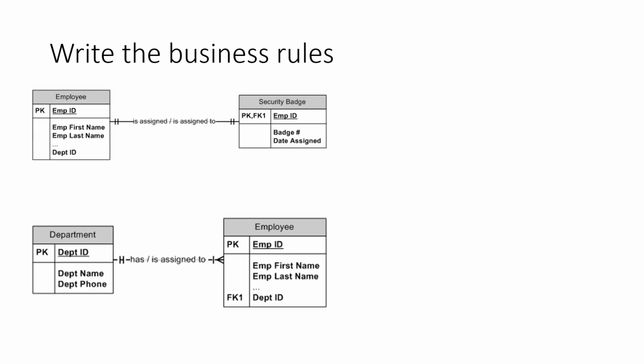Okay, next, write the business rule from the given ER. This is the vice versa of the previous exercise, which was creating the ER from the business rule. Now write a business rule from the ER. So look at the entities we have here, employee and security badge. This relation is one to one.